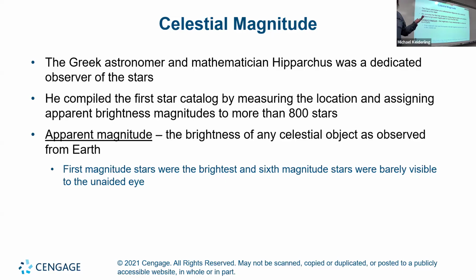He was also the person who figured out that the Earth was precessing as it rotated, because he was studying ancient records of stars. Ancient for him, and this was like 100 BC, he was studying several century-old stuff from Babylon. But he compiled the first large-scale star catalog.